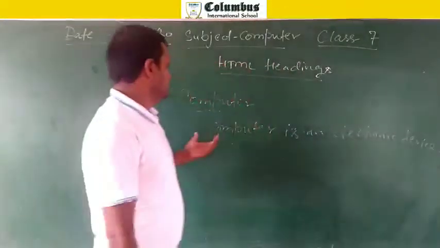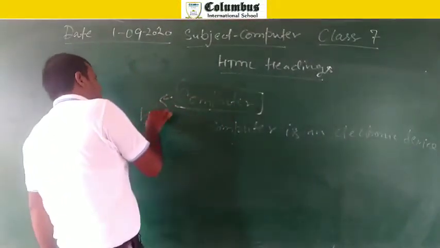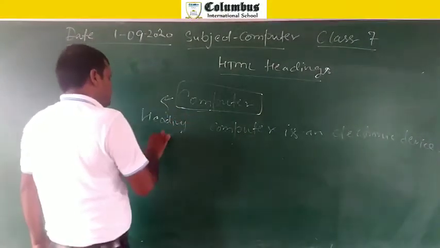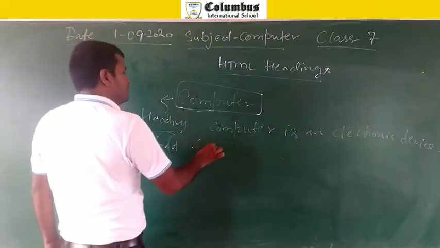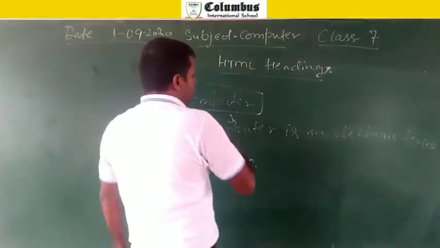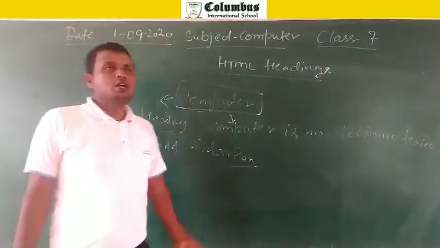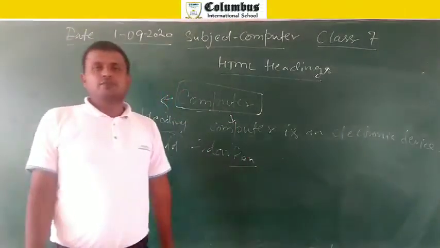Suppose this one is the heading. This heading is bold. It is darkened, and outside it is the definition. So the heading is this. How do you create a heading in HTML documents?